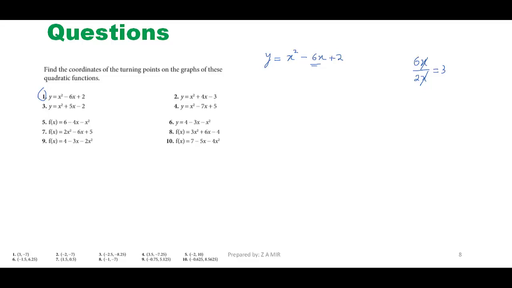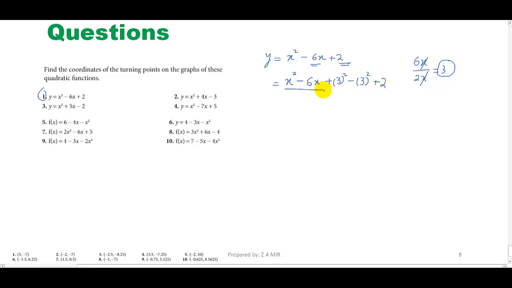In the next step, we will write x square. The first term will remain the same, minus 6x. Now we will add the square of this, that is 3 square, and also we will subtract this 3 square, and this 2 will remain the same.